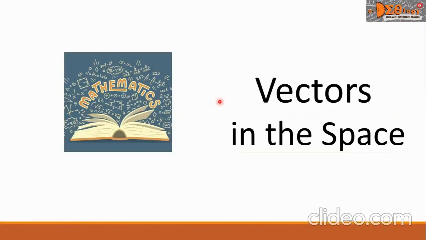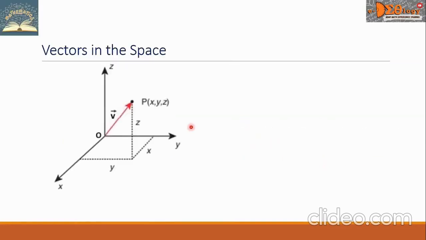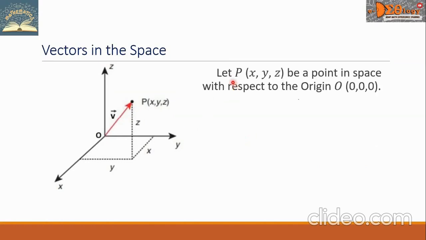Today, we're going to study vectors in the space. Let point P with coordinates x, y, z be a point in space with respect to the origin O with coordinates 0, 0, 0.